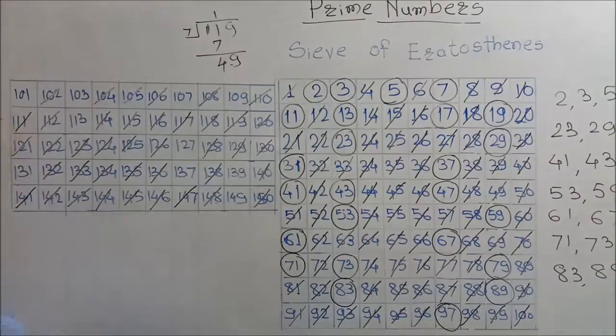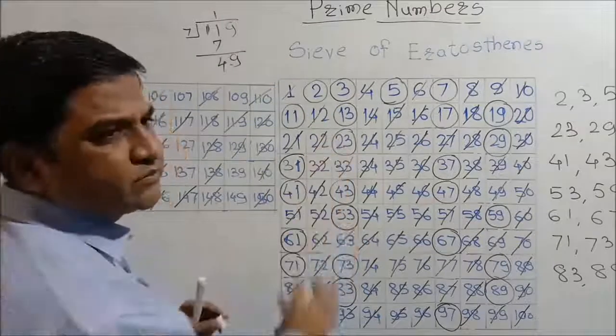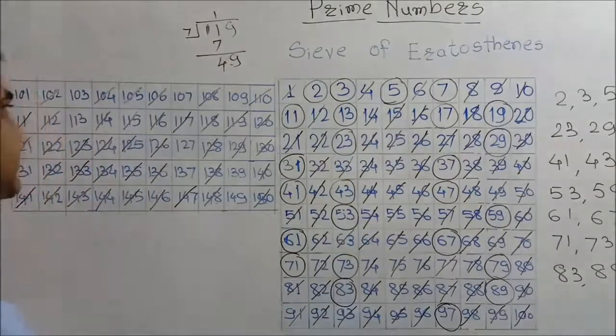So we are trying to find out whether the numbers can be divided by the prime numbers, because after that the number cannot be divided. Now we have checked for 11. Now we have to check for 13.